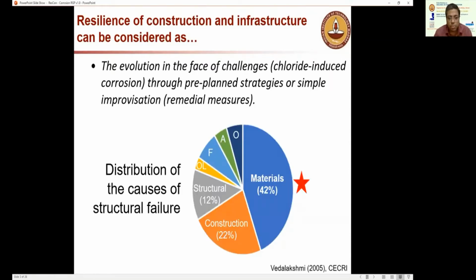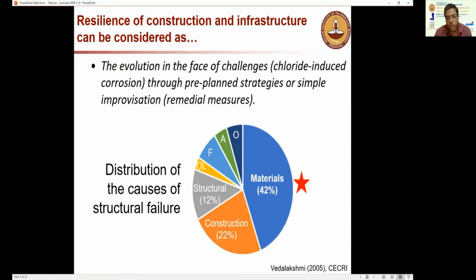This is a pie chart showing the distribution of the causes of structural failures. Here we can very clearly see that materials play a significant role in causing structural failures.